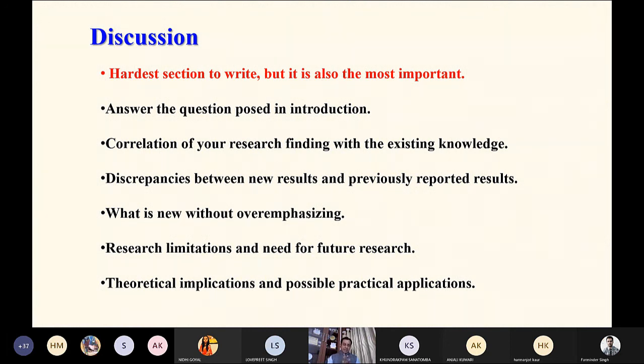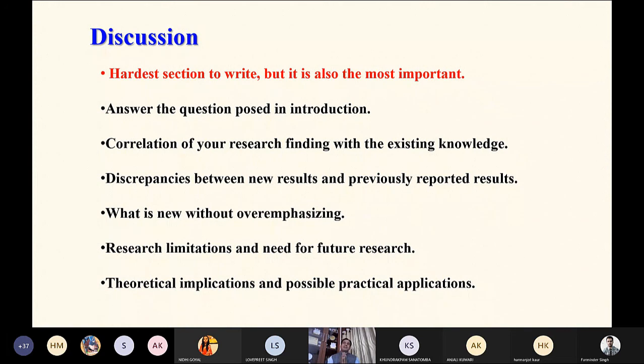So we have to be very careful when writing the discussion, with special reference to the theoretical and practical implications of the research findings.